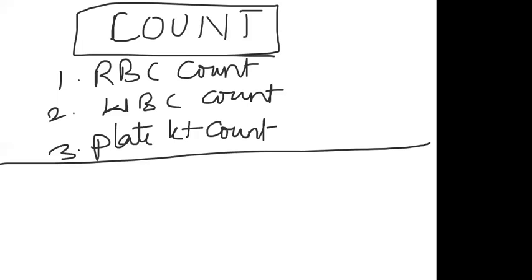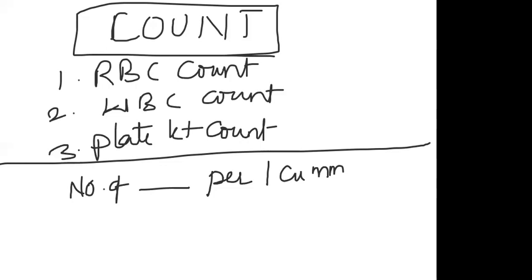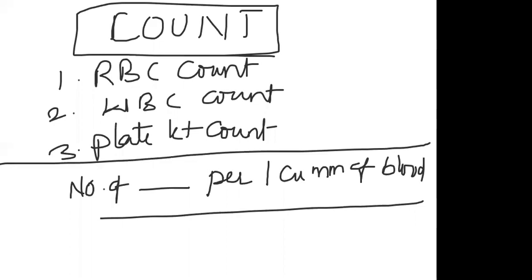Count means the number of blood cells per 1 cubic millimeter of blood, whether the number of WBC, RBC, or platelets. So let me define: RBC count means the total number of RBC per 1 cubic millimeter of blood.